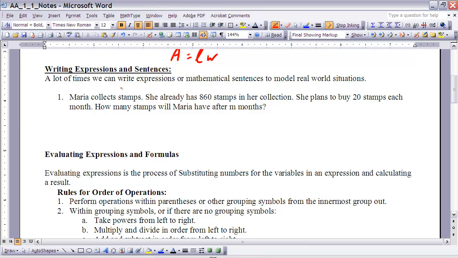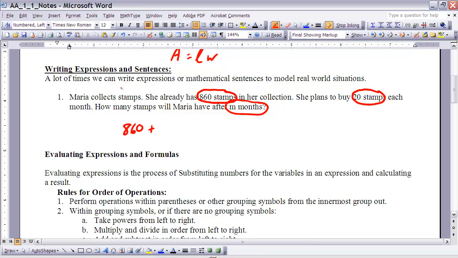To do that here, we're going to look at the information we have. We know we're talking about M months. Well, that's going to be the variable that we're going to use in our expression. We know that we start out with 860 stamps, and we know that each month we're adding 20 additional stamps. So when I write my expression, here's what I'm starting with, 860.